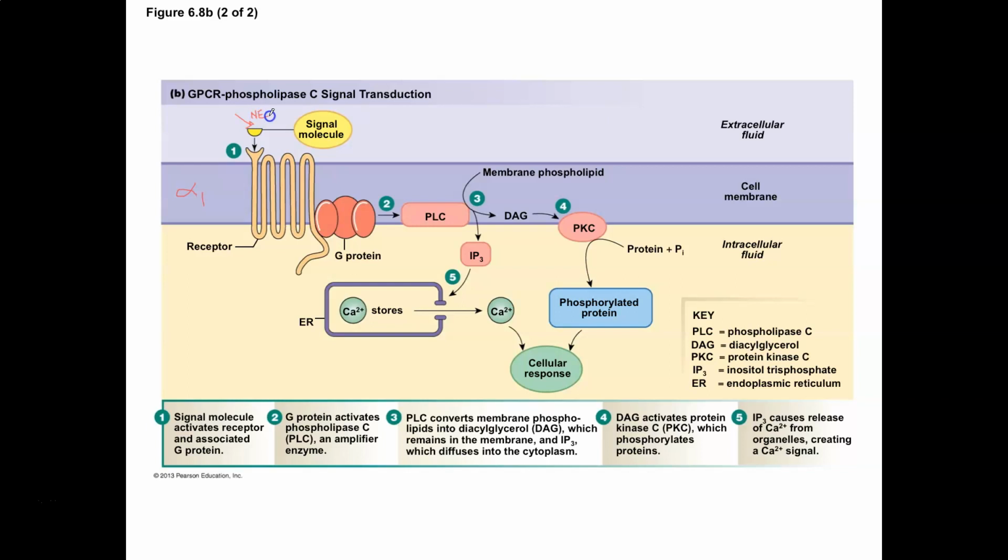So norepinephrine is binding to an alpha 1 receptor. The way you're going to exert your effect on the postsynaptic cell is again through a G protein. So you've got the alpha, beta, gamma subunits, and one of the active subunits is going to move through the membrane. So for example, we could say that when norepinephrine binds to the alpha 1 receptor, we could get the beta gamma subunit.